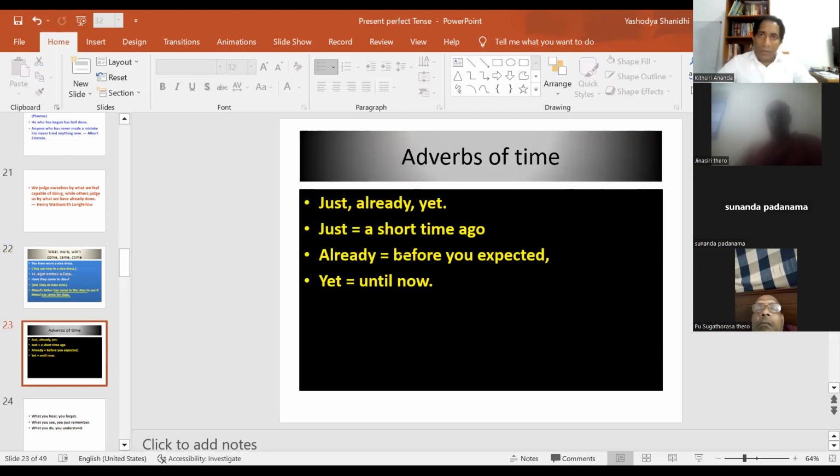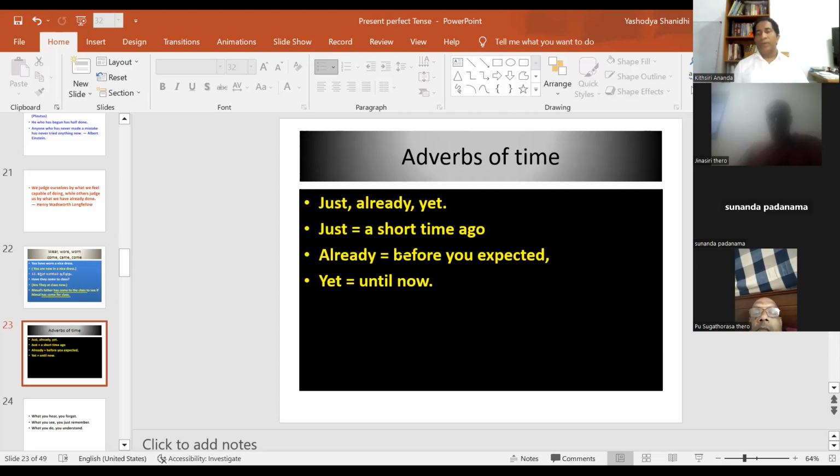Actually, there are a lot of features related to the present perfect that we have to understand. Up to now, we just discussed the general setting, the general practical background, where we can use the present perfect. Thereafter, we have to understand the other related features.